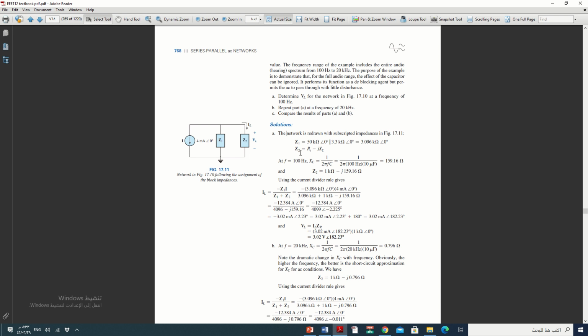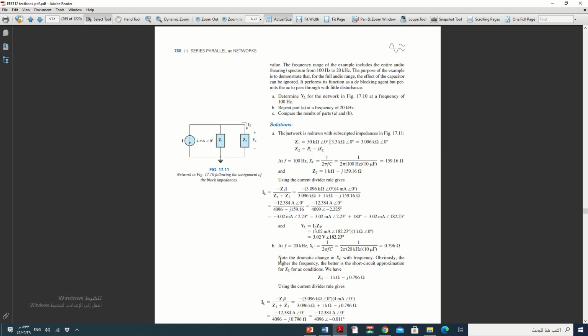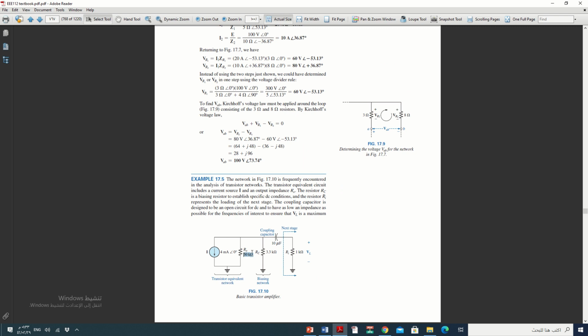Okay, to calculate, we will make it Z1 and Z2. Z1 will be 50 kilo ohms, which is this R naught, in parallel with 3.3 kilo ohm. They are in parallel.